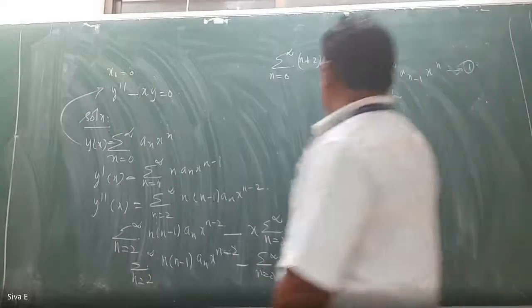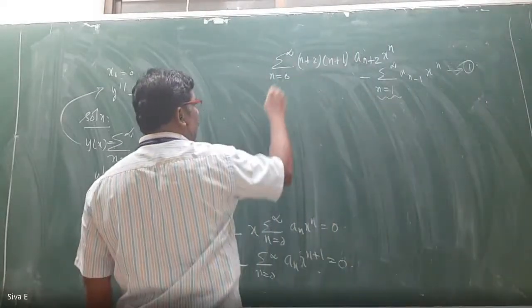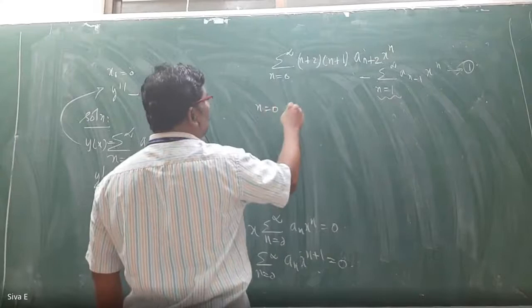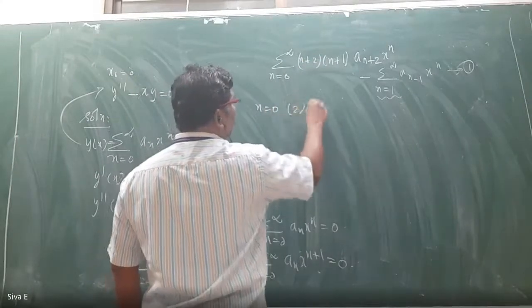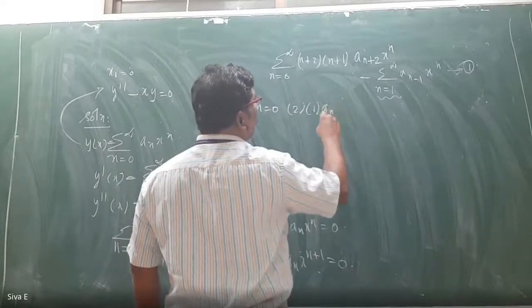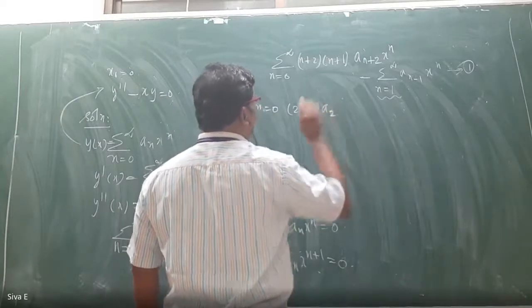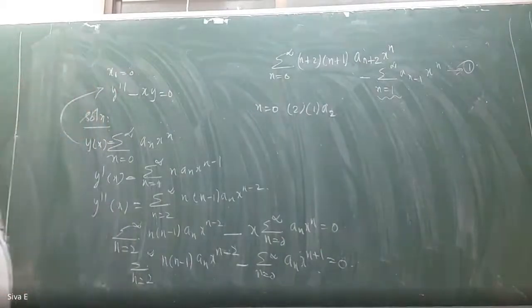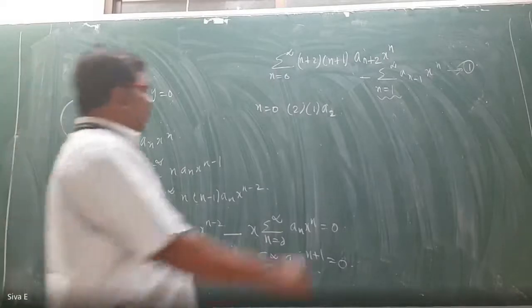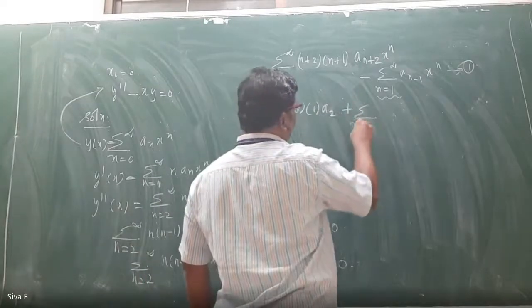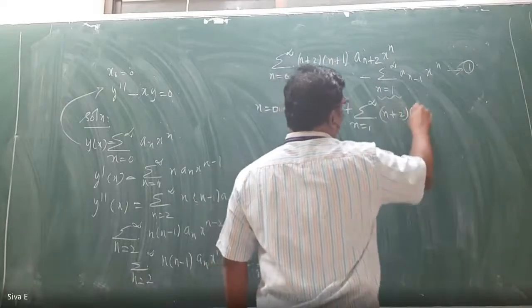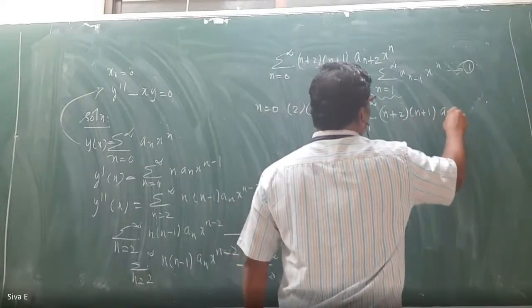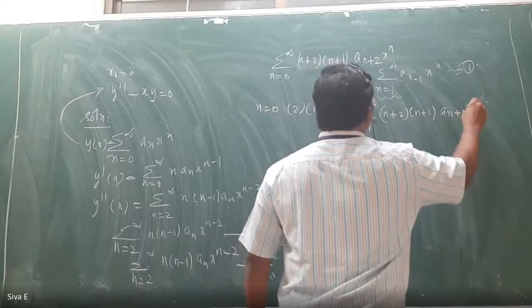When n equal to 0, the first series becomes 2 into 1 a2, that's all, 2a2, plus summation of n equal to 1 to infinity n plus 2, n plus 1, a n plus 2 x power n.